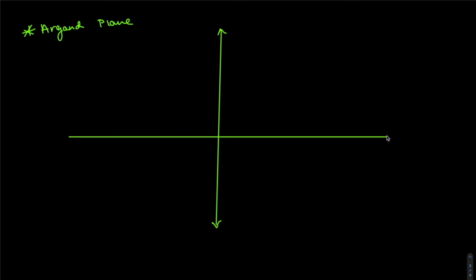Same principles being followed, right? But this time, the x-axis is called the real axis, where we have all the real parts of the complex number, real numbers. And then we have y, where we have all the imaginary numbers.